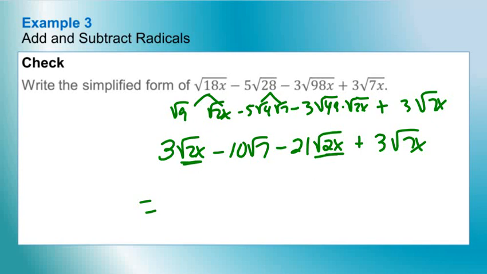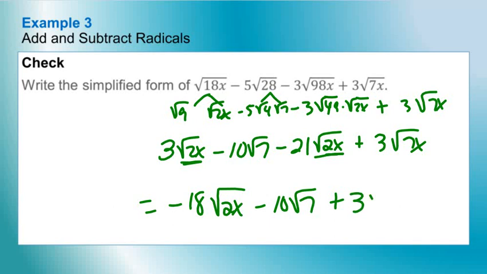Combine like terms: I have 2x here and 2x here, so 3 minus 21 gives us a negative 18 square root of 2x. Then I have a minus 10 square root of 7 and a plus 3 square root of 7x.